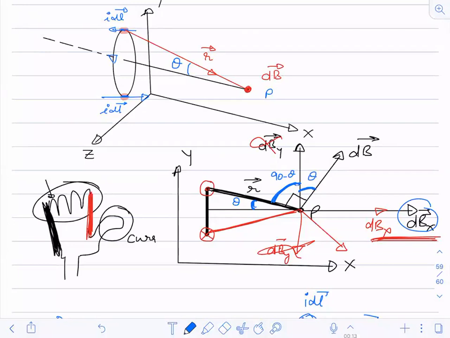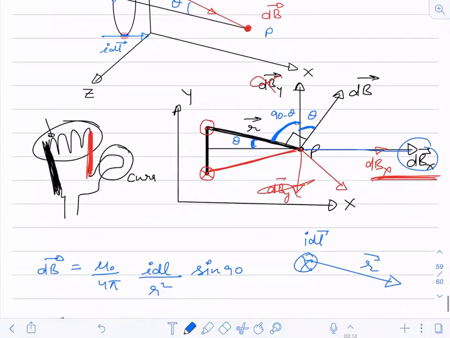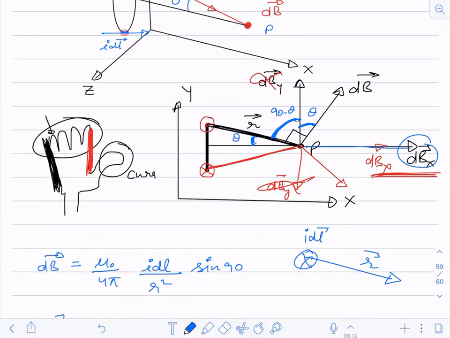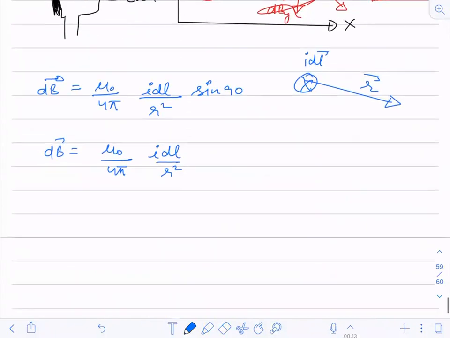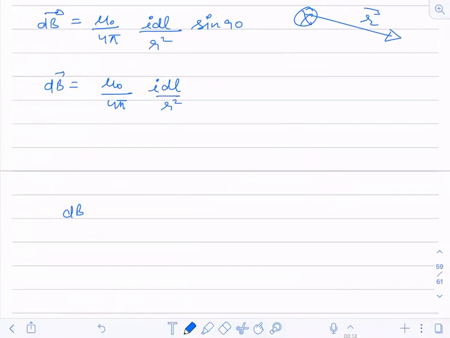So along dBx and dBy, what I will write now is dB sine theta. So dBx is nothing but dB sine theta. What is the dB value now?